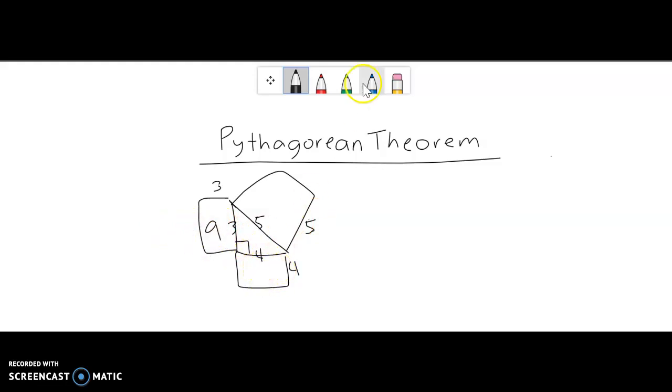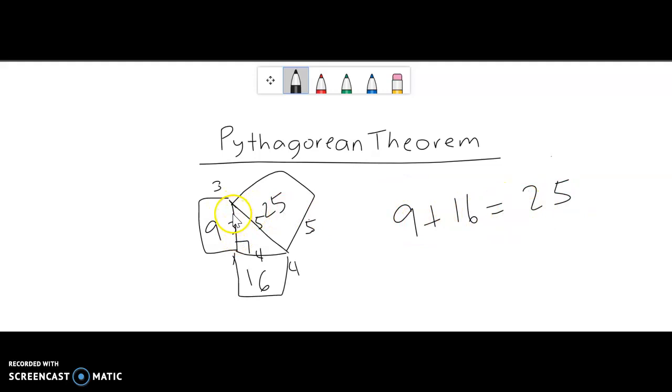This square, 4 times 4, that's 16. And then this square, 5 times 5, that's 25. If you try that out, the area plus the area equals the last area. So the area of A plus the area of B makes the area of C. And you're going to get that every single time.